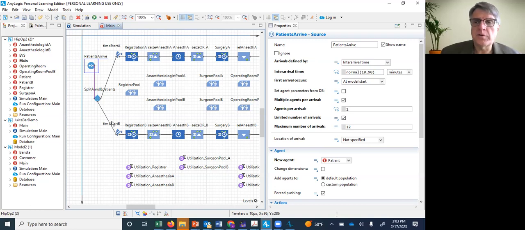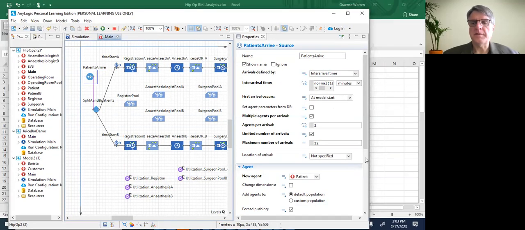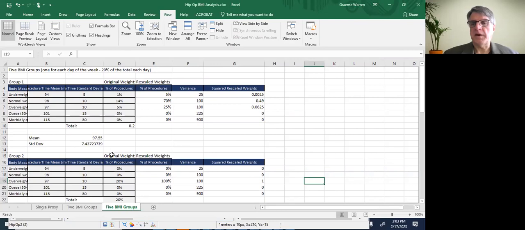Now you can break it down to 4 groups if it's a 4-day week, but the basic idea is to partition the patients so that you do not allow that variance to infect other BMI categories, and to do so in 5 groups. So I've gone ahead and I've done that here. Same idea that we had for partitioning it into 2 groups.